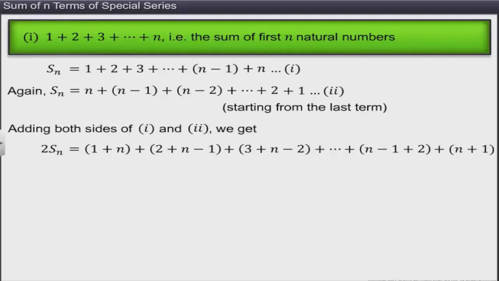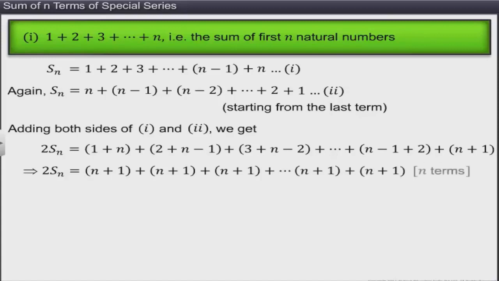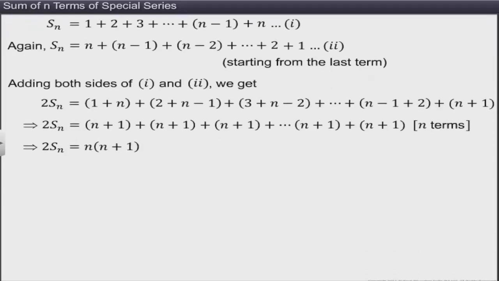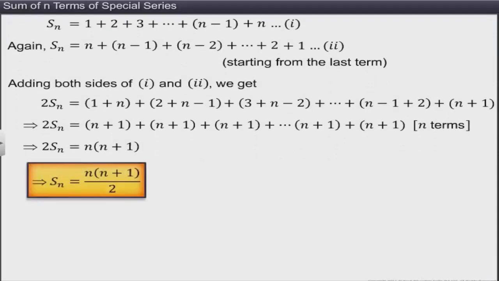This implies 2 times Sn is equal to (n plus 1) plus (n plus 1) plus so on n times, or 2 times Sn is equal to n into (n plus 1). This implies Sn is equal to n into (n plus 1) whole divided by 2.